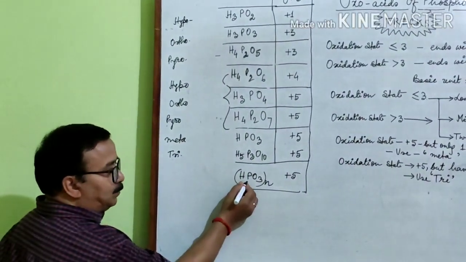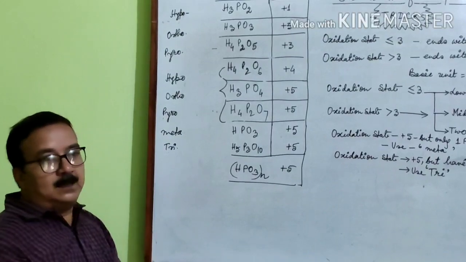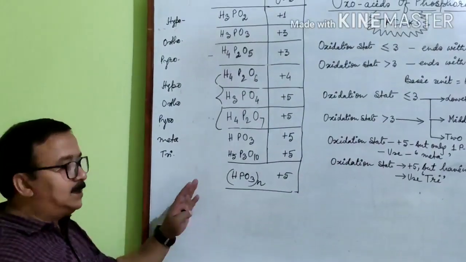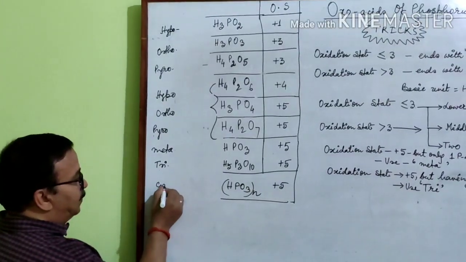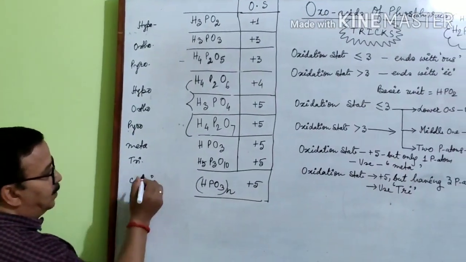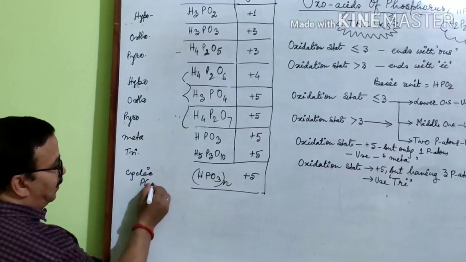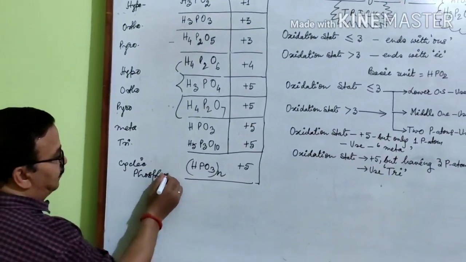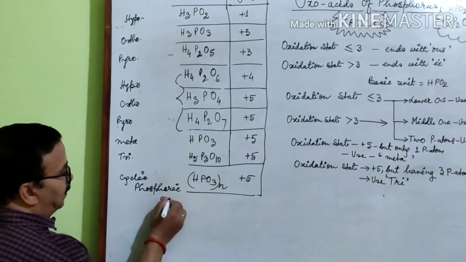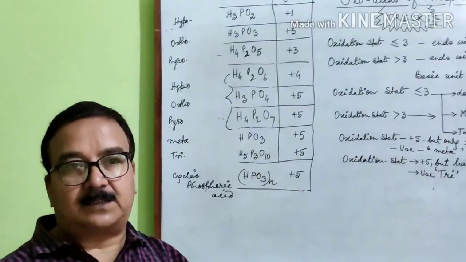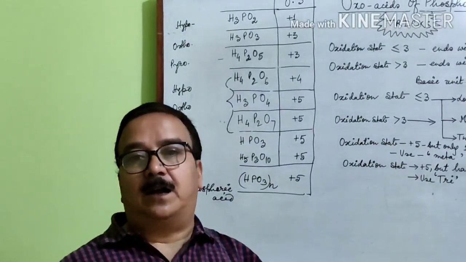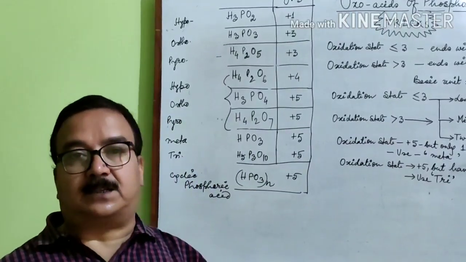Now (HPO3)n is an example of cyclic phosphoric acid. So how to name the phosphoric acids? It is clear. Now we will learn how to draw their structures.